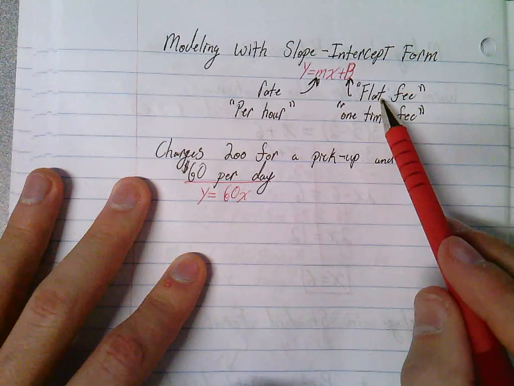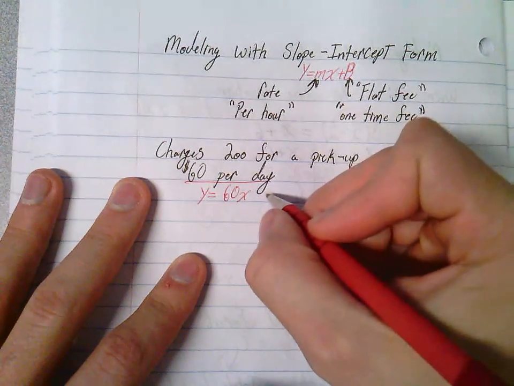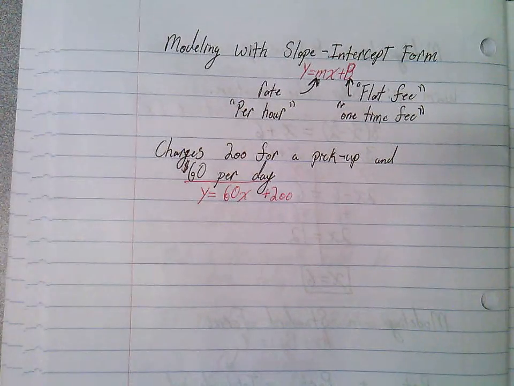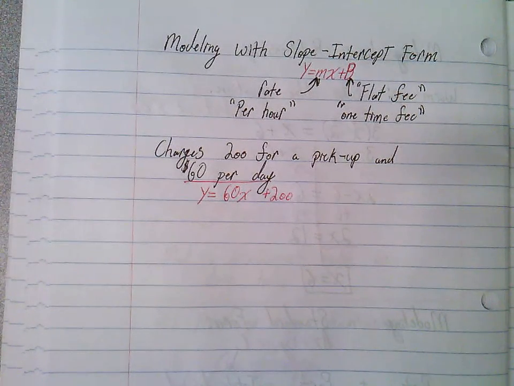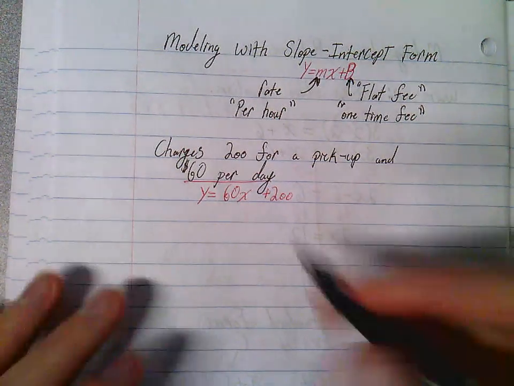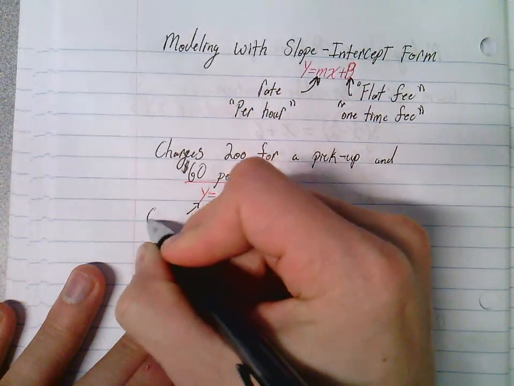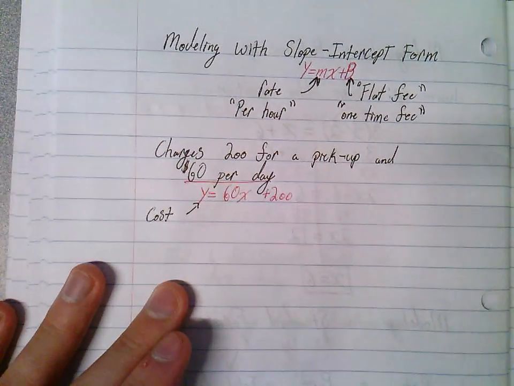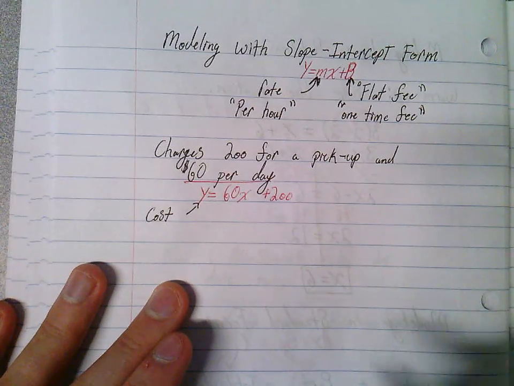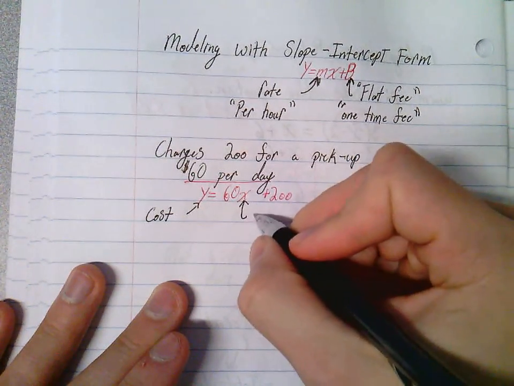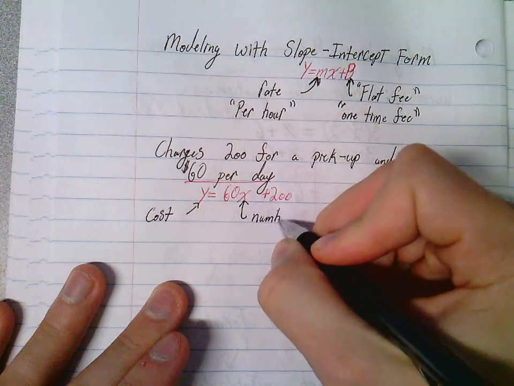So that's a flat fee. That's a one-time thing. They only do that once. So I just add 200. So slope intercept form is going to be a little bit easier for us. We just have to identify the pieces. But then we also want to identify what they represent. Our y is our cost in this case, and it's the cost for the number of days.